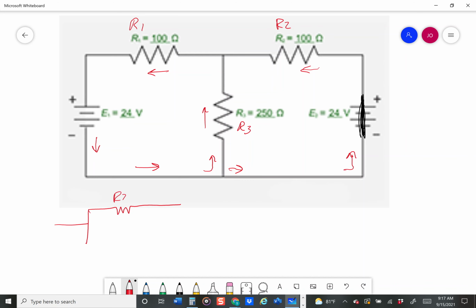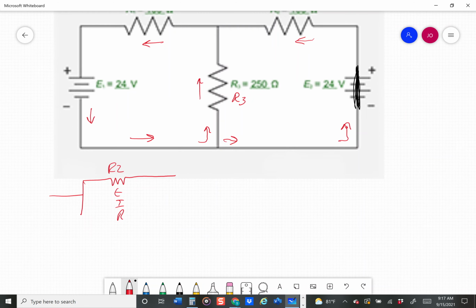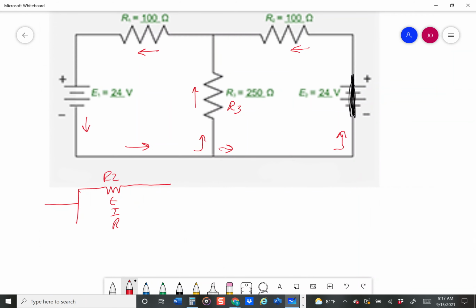So here's R2. And here is R3. R2 has a value of 100. R3 has a value of 250. Then those current flows come back together at this point and they go through R1, which is 100 ohms.